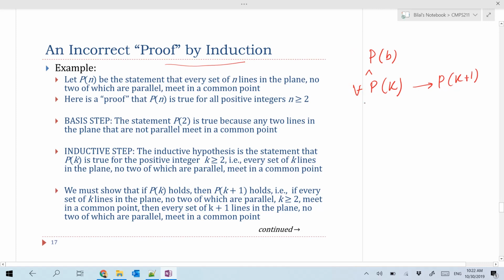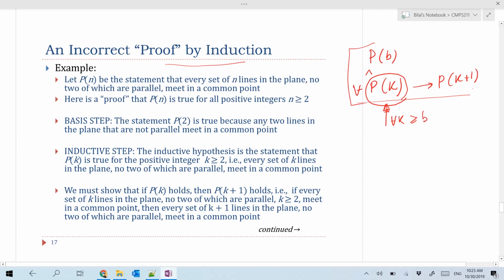But this would be misleading if, for a certain reason, assuming the property is true for k helps to prove it for k plus 1, but it is not always true for every k that is greater than or equal to the base case.